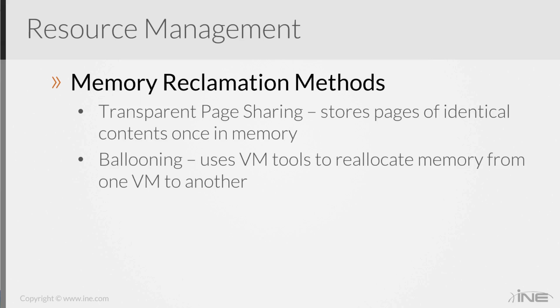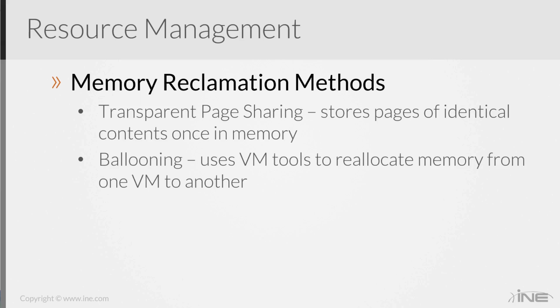Typically, if you compare a similar workload on physical servers and on virtual machines, you would find that our VM consumes less memory than on physical servers. The effect of TPS is that it allows our host to support a higher level of overcommitment of our resources during periods of contention for those resources.